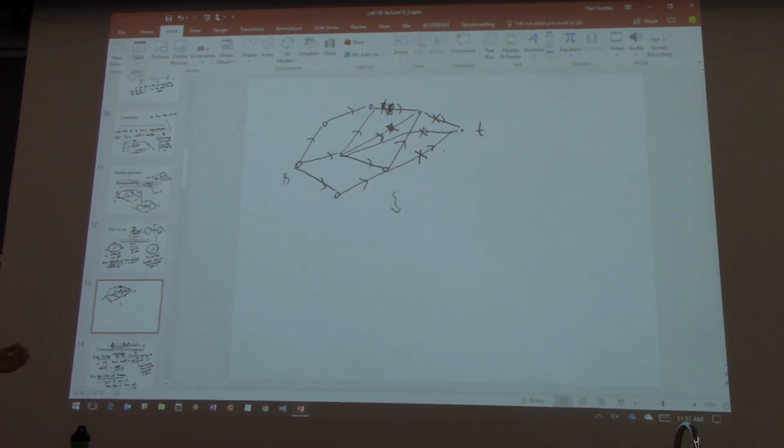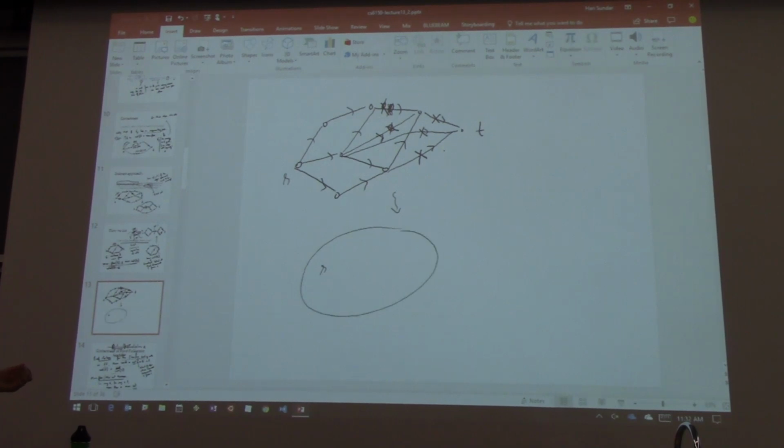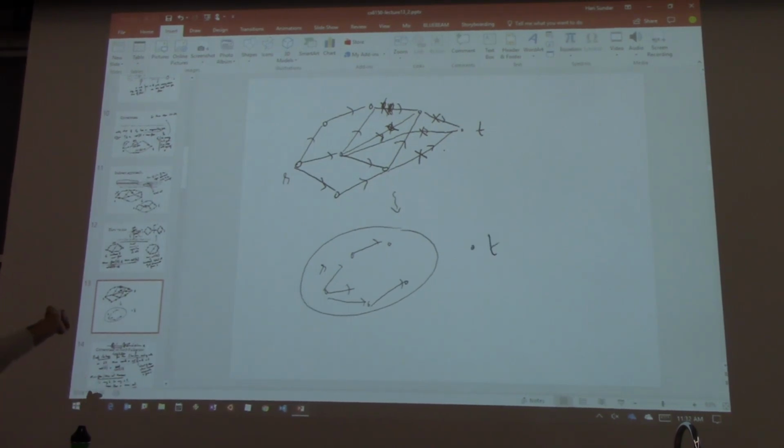You can look at S and everybody reachable from S, using some path, after removing these edges. T is not one of them, right? So maybe some of these guys are reachable from S. And T is outside.